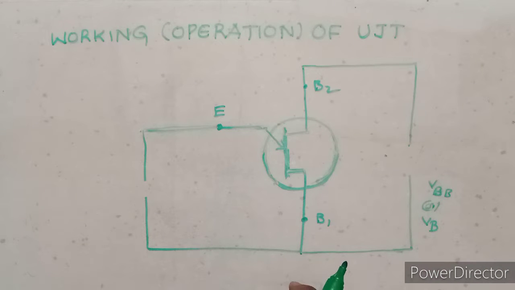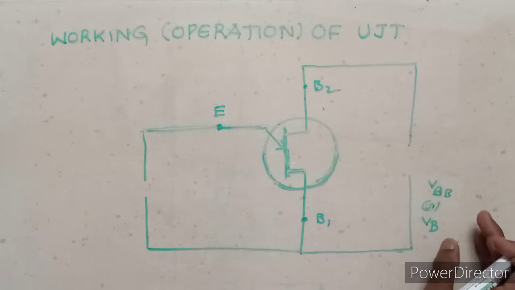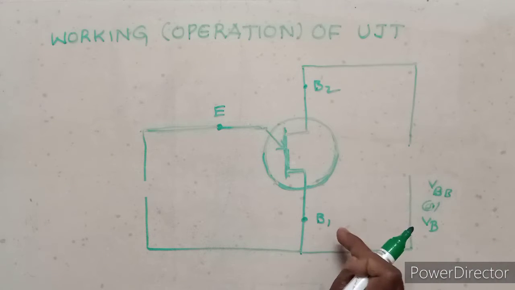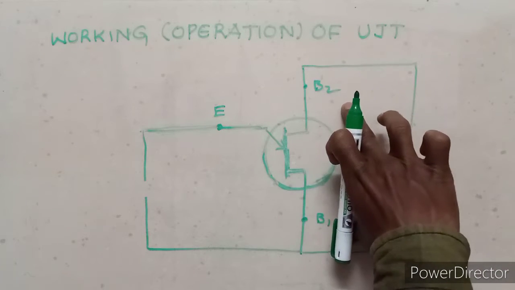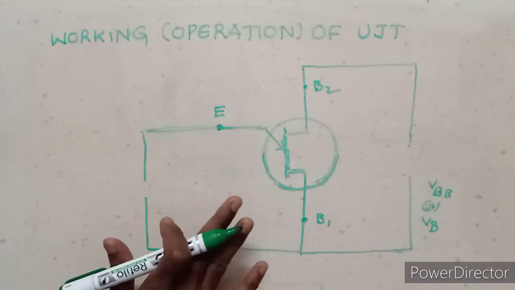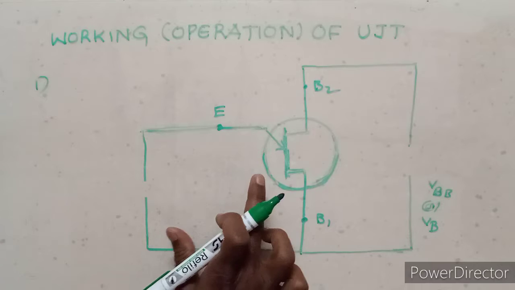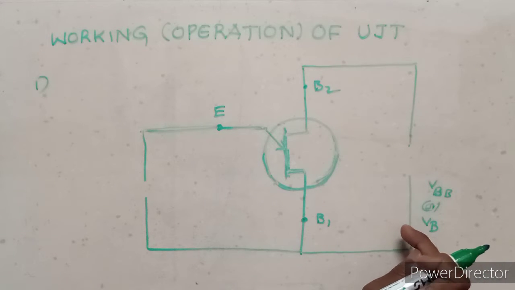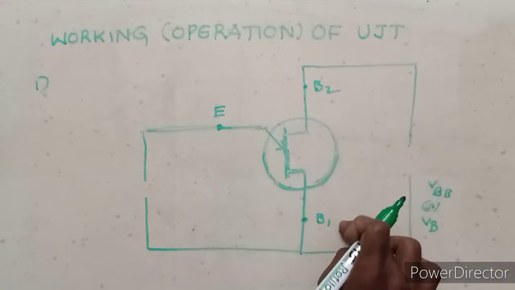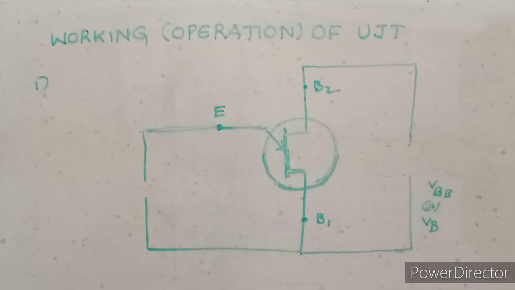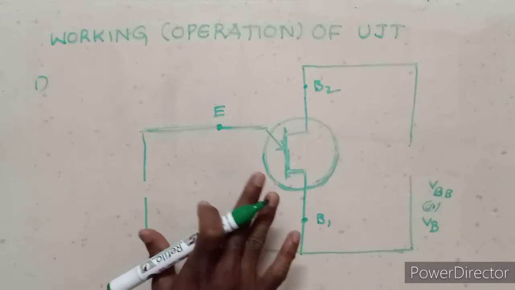If voltage is applied between B1 and B2 and the emitter is open, that voltage is VBB.